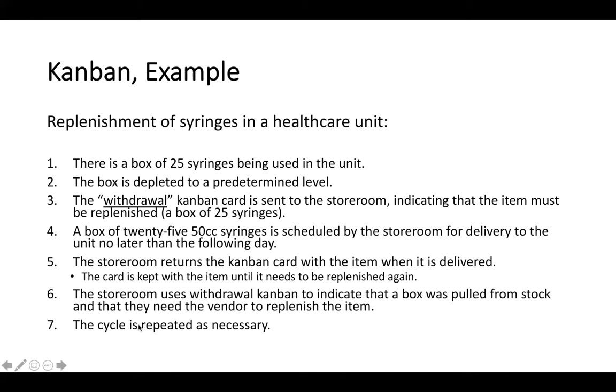But again, that Kanban card also places an upper limit on number of orders that even the storeroom is going to place. So again, storeroom is not going to just get a lot of syringes and not use them for the foreseeable future, just because they want to place a huge order. And this cycle is repeated as necessary.